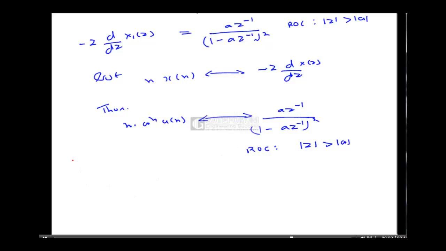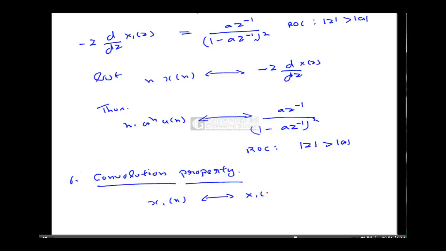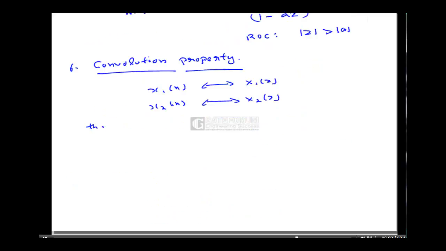Next is convolution property. If there are two sequences x1 of n having Z transform as X1 of z, x2 of n having Z transform as X2 of z, then the overall sequence x of n, which is nothing but the convolution of two sequences x1 of n convolved with x2 of n, will have a Z transform X of z equal to X1 of z multiplied by X2 of z.